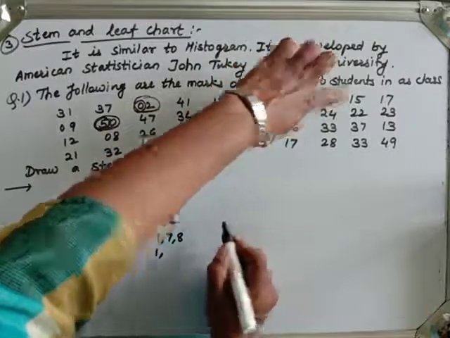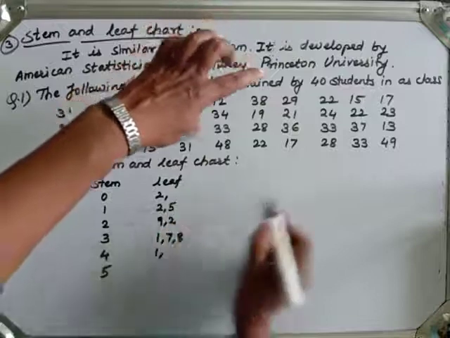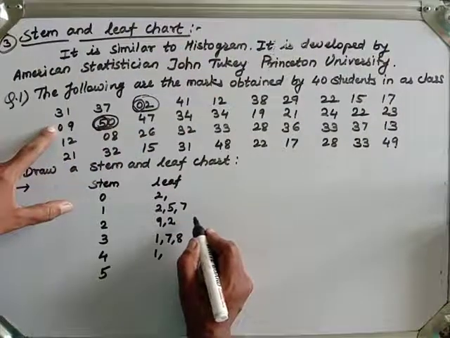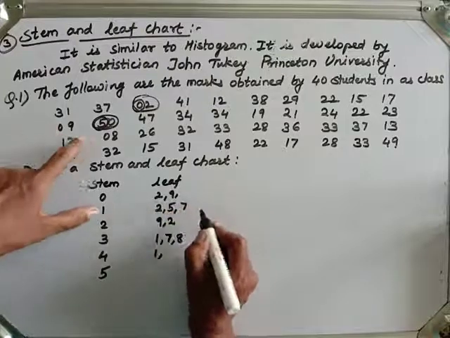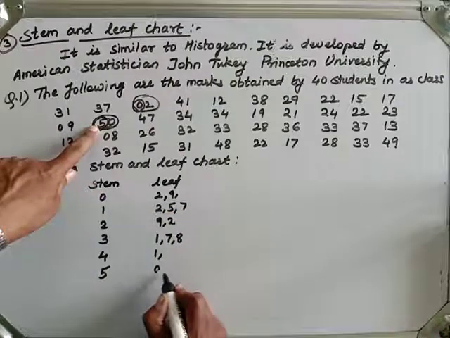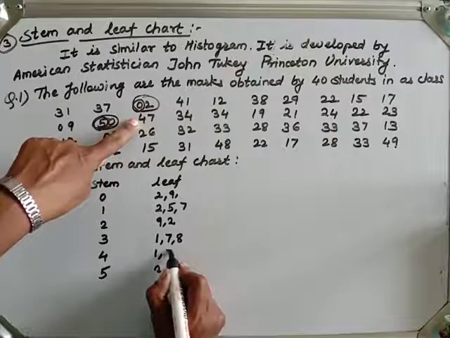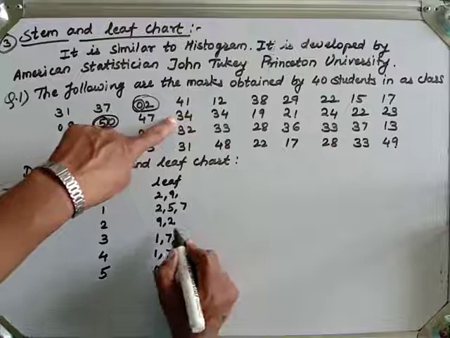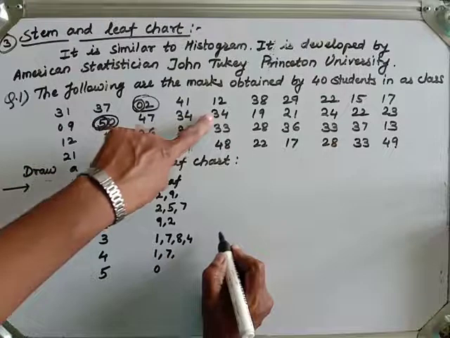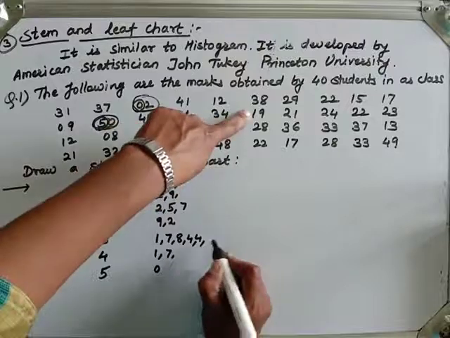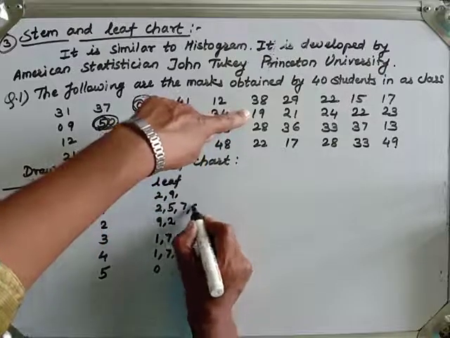Then again stem is 1, leaf is 5. Again stem is 1, leaf is 7. Now stem is 0, leaf is 9. Stem is 5, leaf is 0. Stem is 4, leaf is 7. Stem is 3, leaf is 4. Stem is 3, leaf is 4. Stem is 1, leaf is 9.